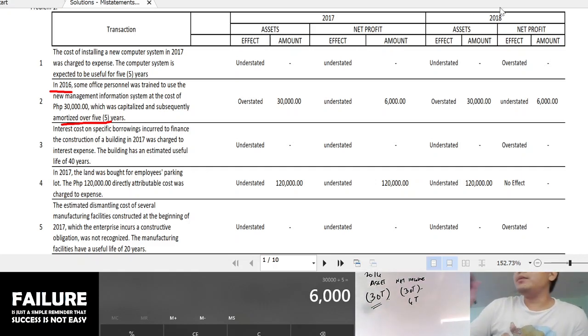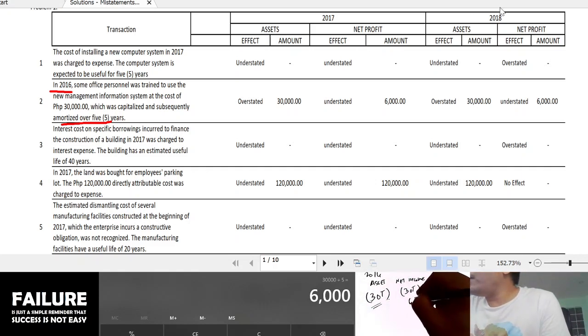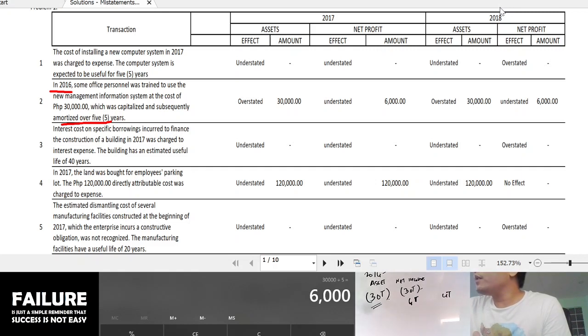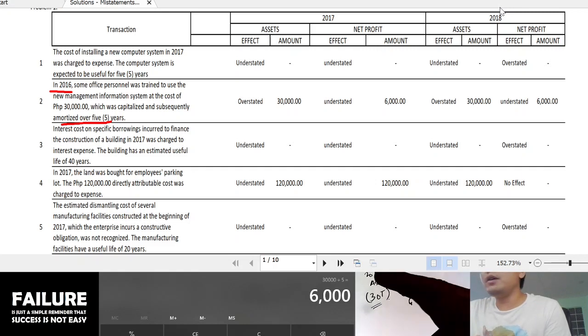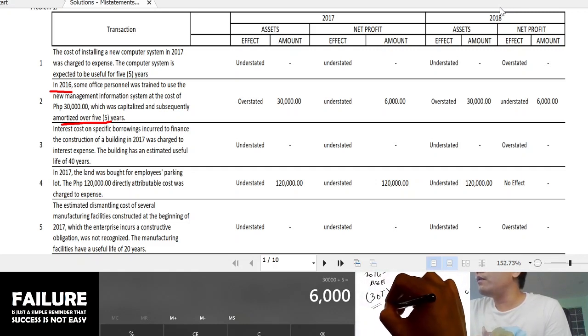It now becomes na yung effect ng 6,000 is that it understates the net income in 2016. In 2017, it will also understate your net income. That is also the same with 2018, diba? Because it is amortized for 5 years, okay?